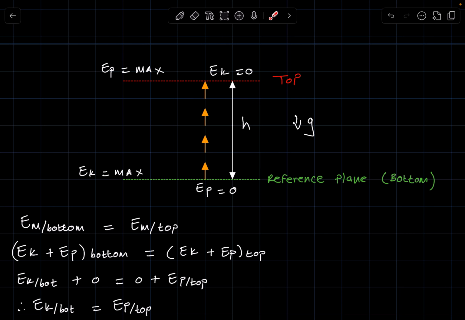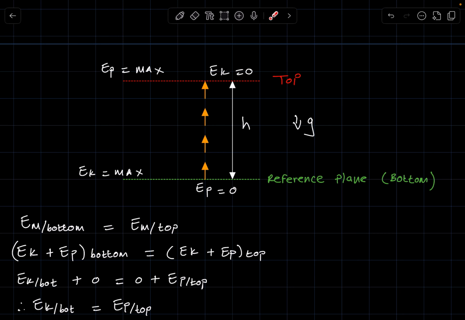I must say that again. The mechanical energy between any 2 points along the object's motion in the vertical plane is equal.